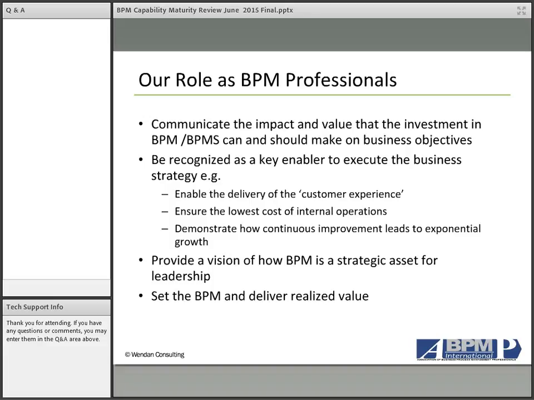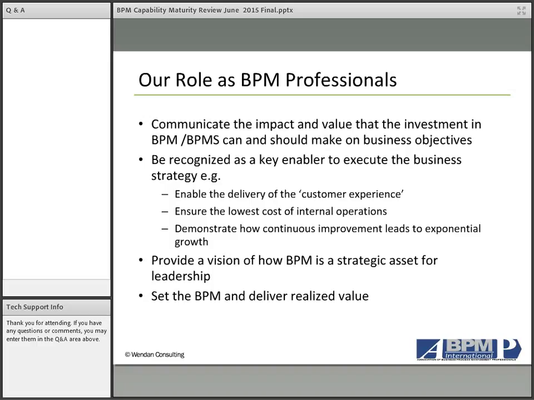Now, as we move forward, one of the things that some organizations are starting to recognize, and this gets back to the thermometer, is that when you get to the top of the involvement or roles of BPM, at the top of that scale, you're now looking at how do you support the strategic differentiation of the business in the marketplace?